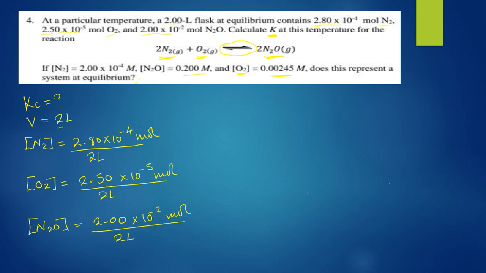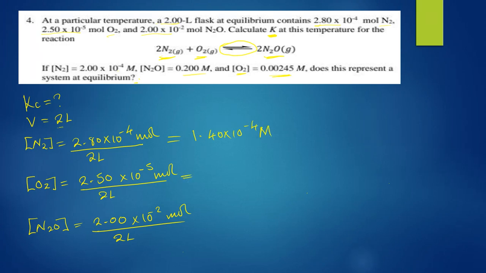When we work this out on the calculator, for the first part, nitrogen, we get 1.40 times 10 to the power negative 4. That's mole over volume, a molarity.